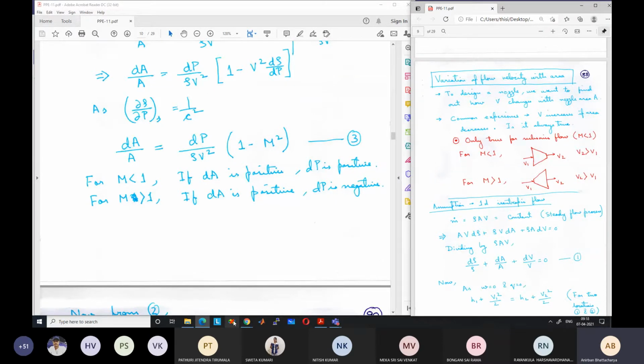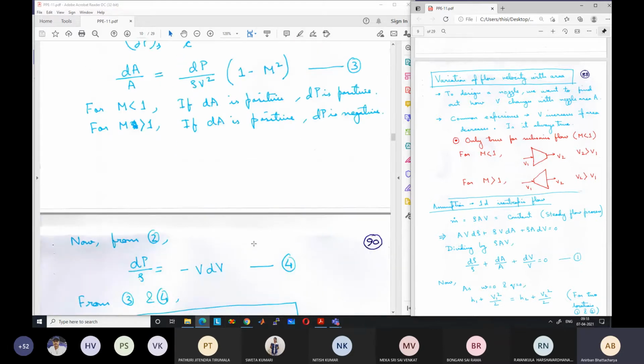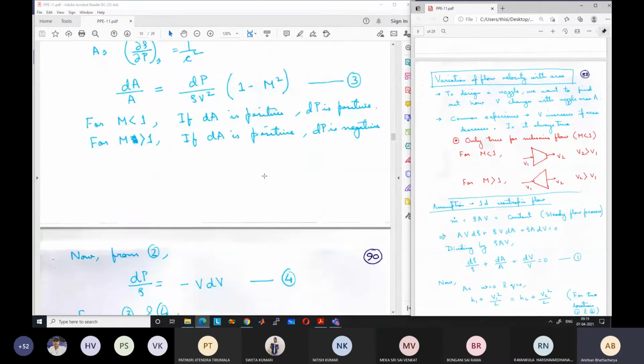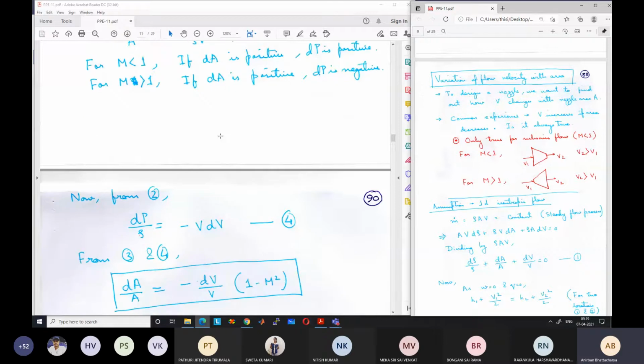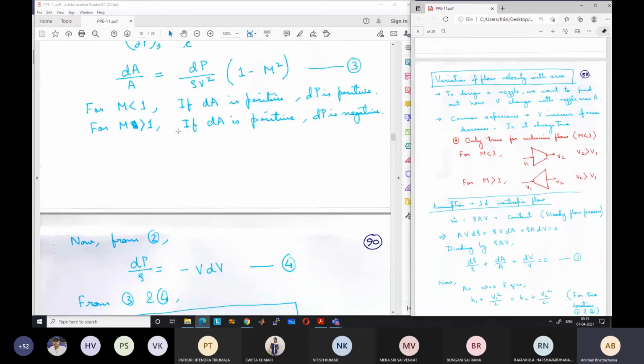So dp by rho from equation 2 is minus vdv. We will replace this dp by rho here with minus vdv. So minus vdv by v square, which is minus dv by v. So dA by A is equal to the same equation that you are seeing here.